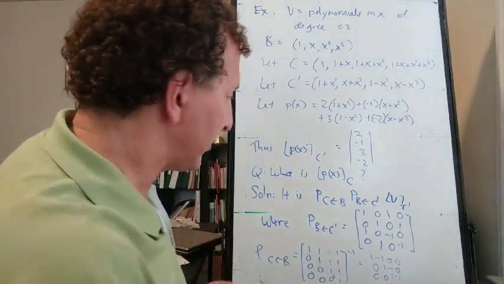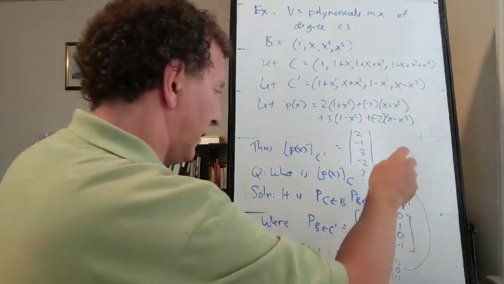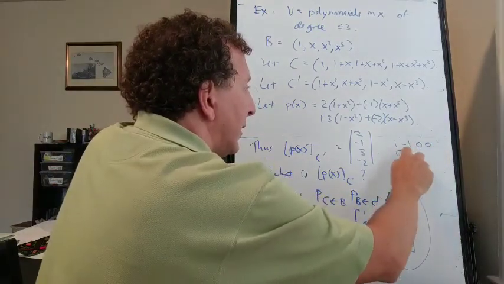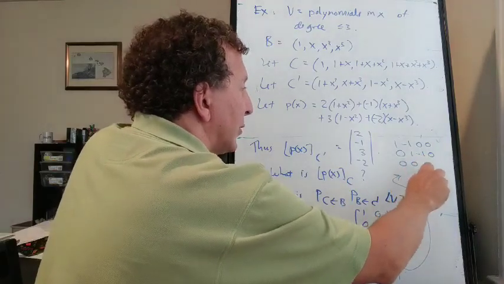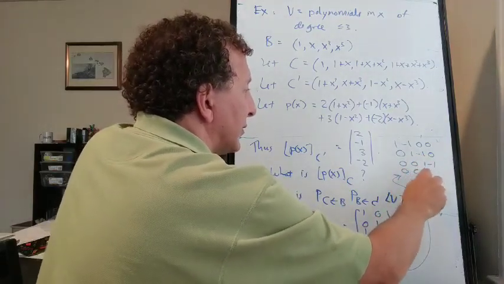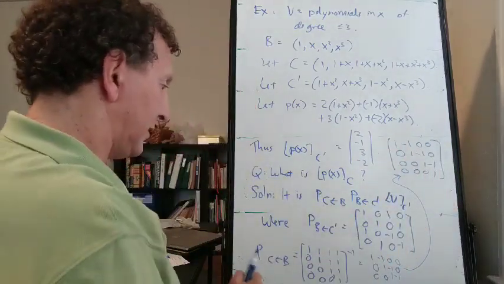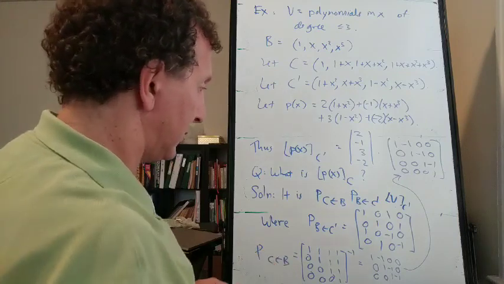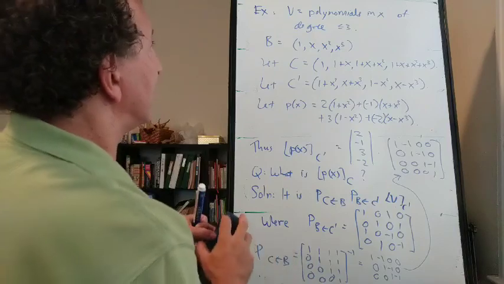I see I'm running off the screen here. So that's P converting from B to C. And we want to take the product of those two matrices.